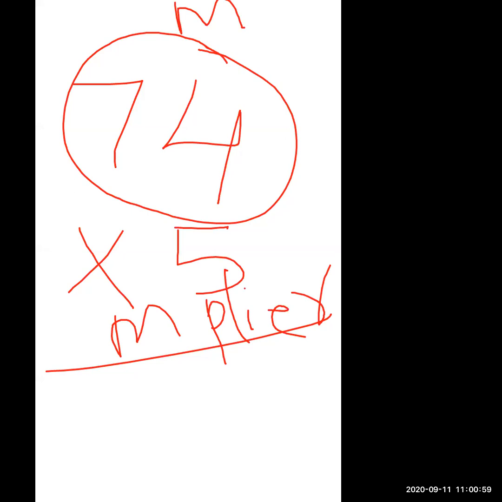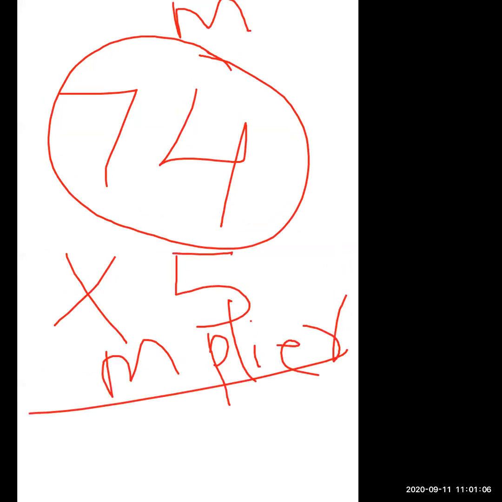Now everyone start to multiply 74 into 5. Everyone solve from your side and give me the answer in the chat box. Yes, 74 into 5. Very good, Adarsh. Very nice.